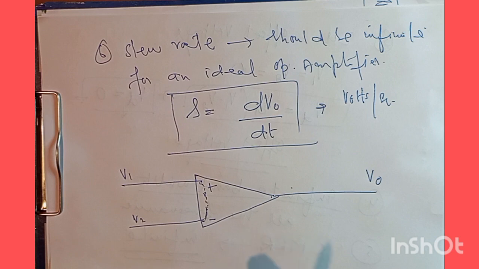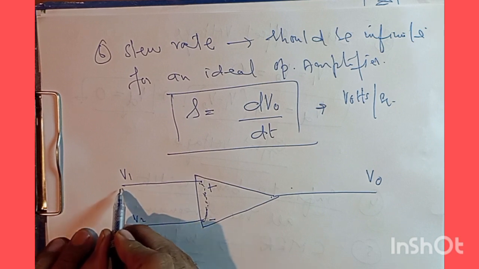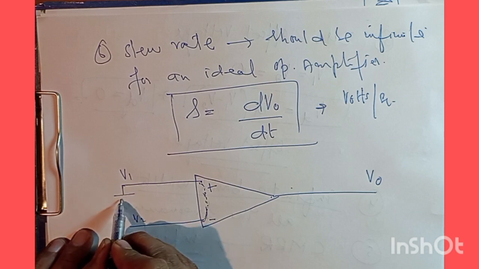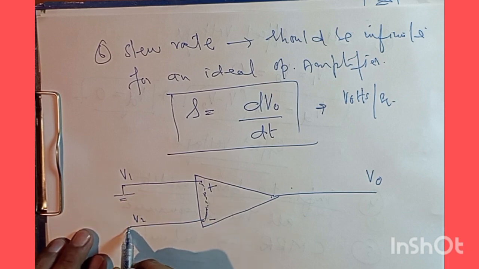And so here it's a kind of situation that, suppose I take this V1 and I ground it, and I take this V2 and I ground it.